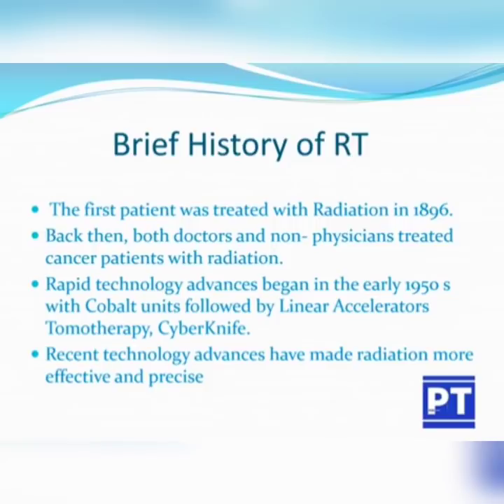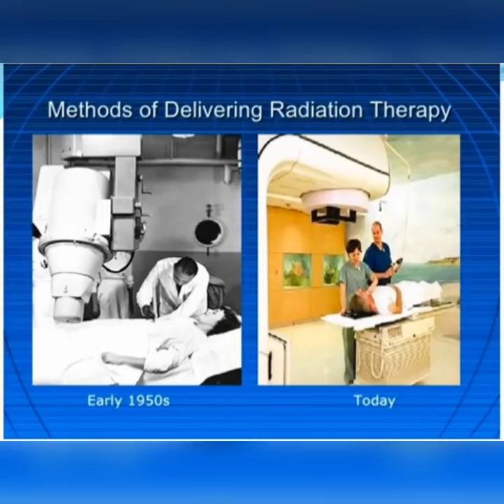Rapid technology advances began in the early 1950s with cobalt units. The beginning was with cobalt units, followed by the linear accelerator, tomotherapy, and now, at last, CyberKnife. Recent technology advances have made radiation more effective and precise. These are the methods of delivering radiation therapy. You can see the early 50s, and you can see today what is happening.